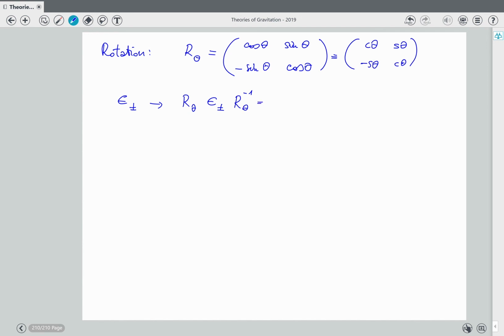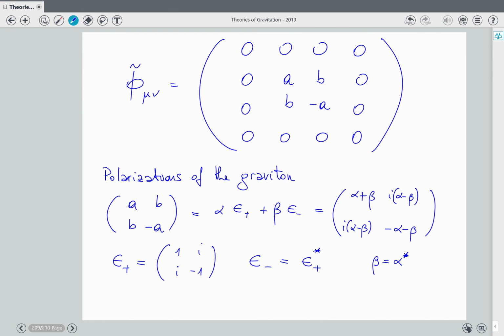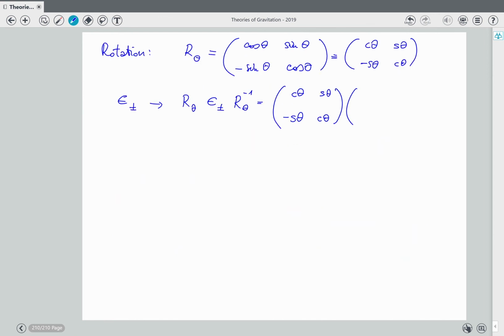Let's compute what happens. So this is 1 plus or minus I, plus or minus I, minus 1. And then the inverse or transpose, the minus is there.